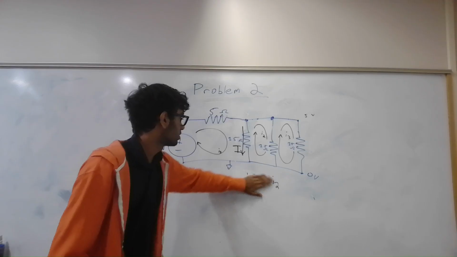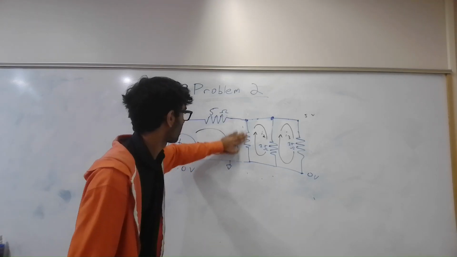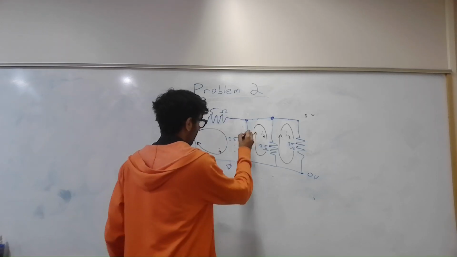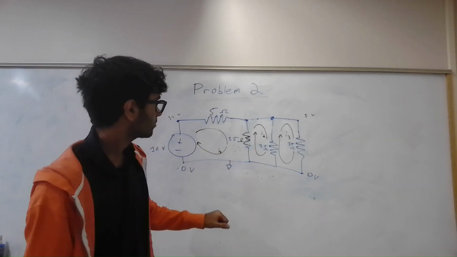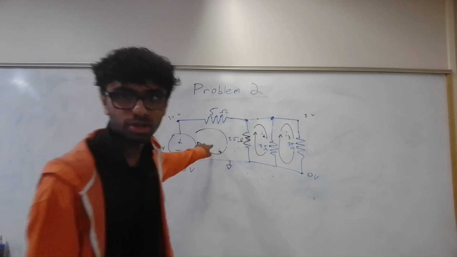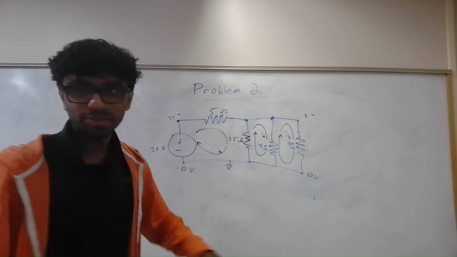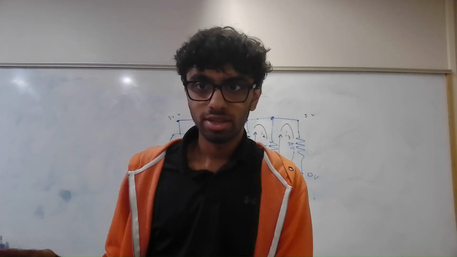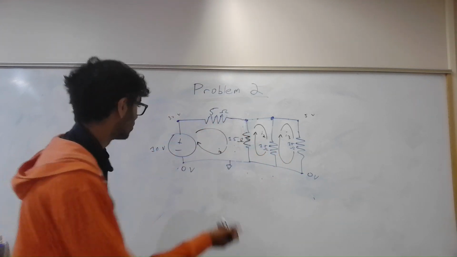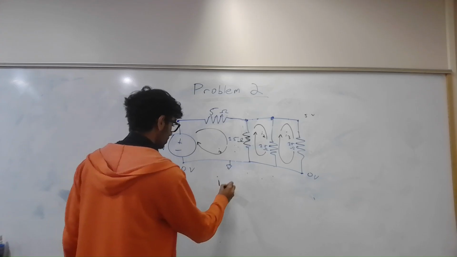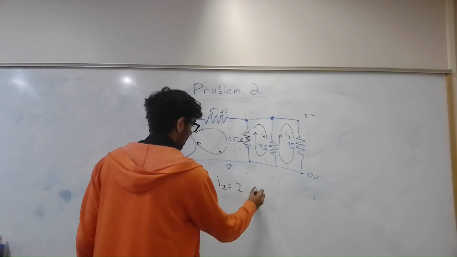So, similarly, I1 is the only current that flows through the 5 ohm resistor. And as we calculated originally, the current that flows through this resistor is 1 amp. So we already know I1 equals 1 amp.